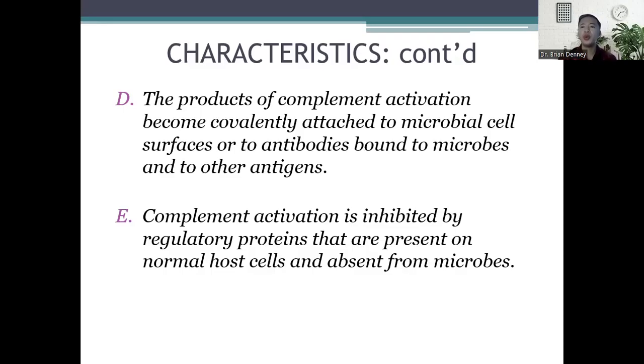Remember, you have more than 30 complement proteins. And what are the subsets of your complement proteins? We have soluble, or those found in the serum freely floating as zymogens. And do not forget the second subset of complement proteins, those attached or bound to the surface of your own normal cells. You see now where I'm getting at?